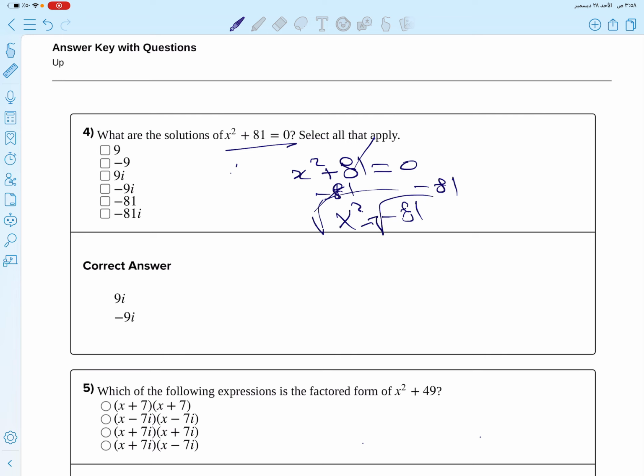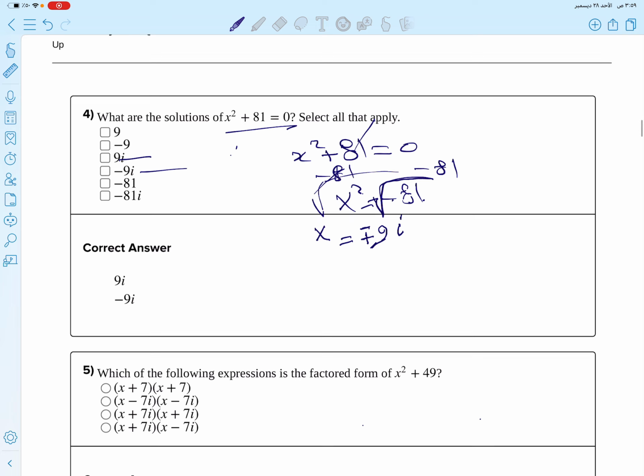Now we need the square root of x squared and the square root of negative 81. We have a negative inside the square root, so it's going to be i, and 81 gives 9. But don't forget we have two values because of the square root, so the answers will be negative and positive 9i, this one and this one.